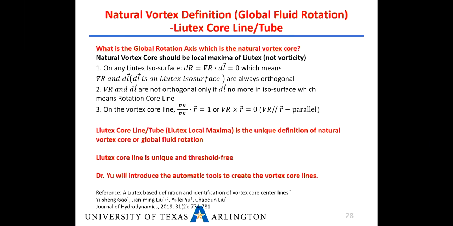Then we talk about nature: hurricanes, tornadoes. You talk about a point, but we can still use nu-tex to find the group, which we call the nu-tex core line. Really, it is the local largest nu-tex, the local maxima.